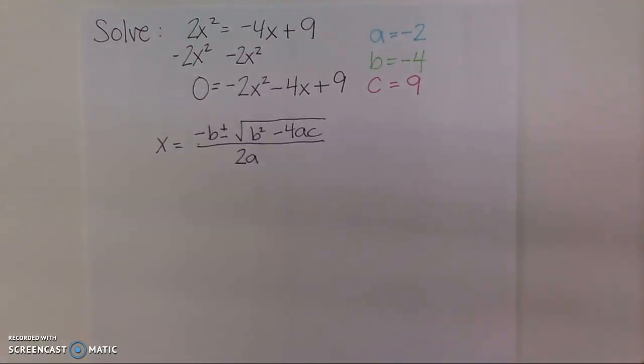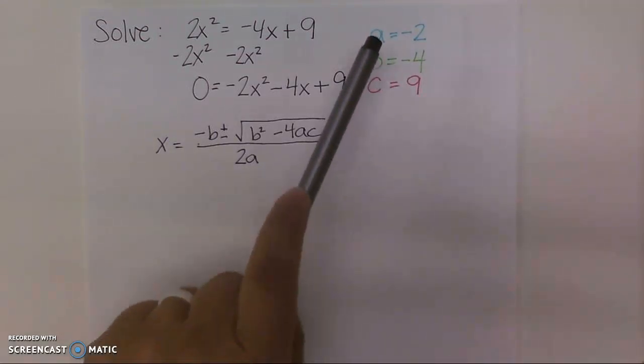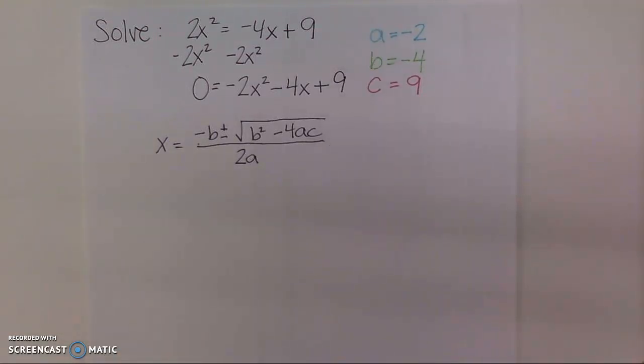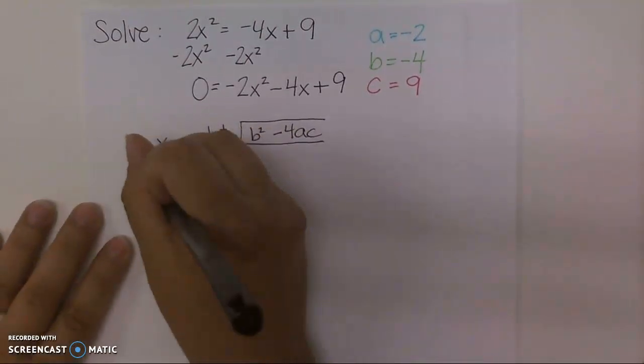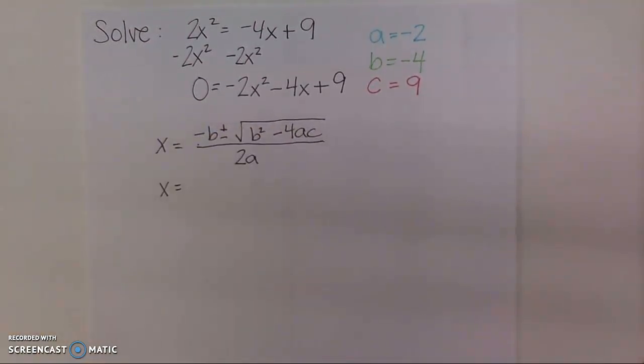And now, because we have that quadratic formula, all we have to do is plug in the things that we know, the a, the b, and the c, into that formula in order to solve for my x's or my zeros. So I'm going to do that right now.